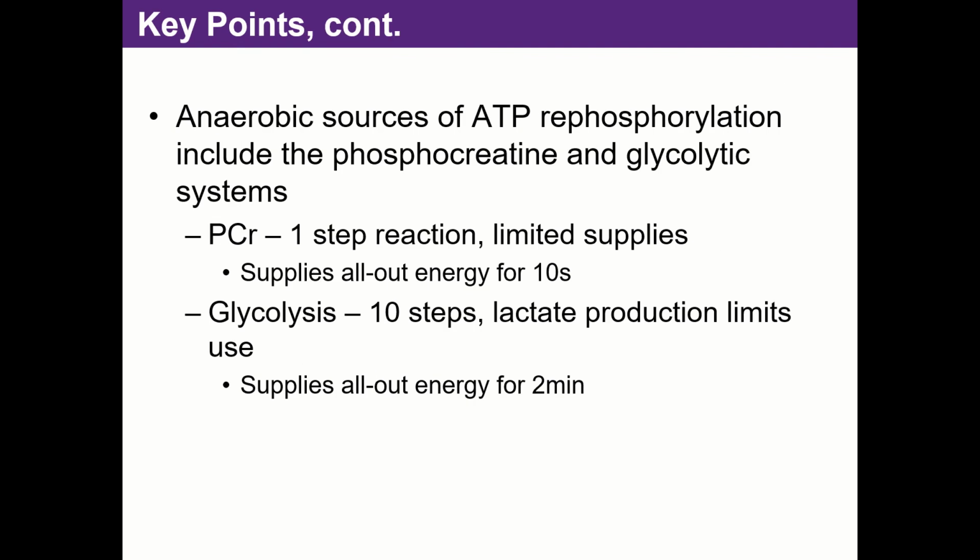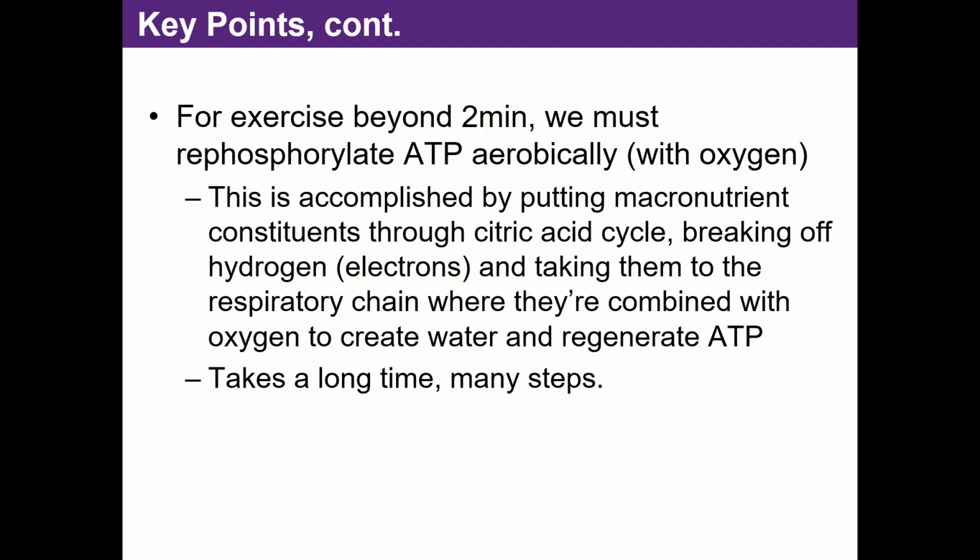Our anaerobic sources of ATP rephosphorylation, which just means to rebuild ATP, include the phosphocreatine and the glycolytic system. The phosphocreatine system is a one-step reaction, but we're limited by our supplies, and it supplies all-out energy for 10 seconds. The glycolytic system has 10 steps. Lactic acid or lactate is going to limit its use, but it supplies all-out energy from somewhere between 90 seconds and 2 minutes. Anything longer than 2 minutes, now we have to remake ATP aerobically.